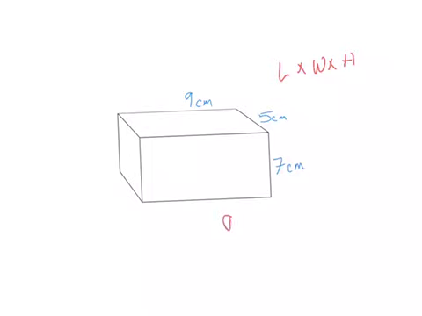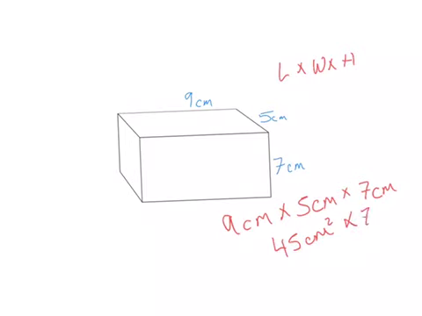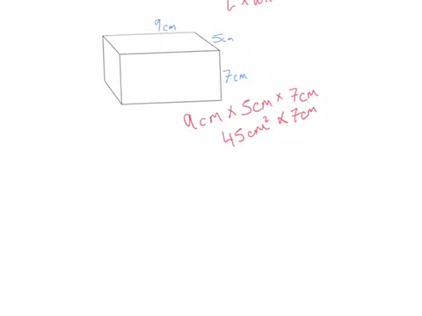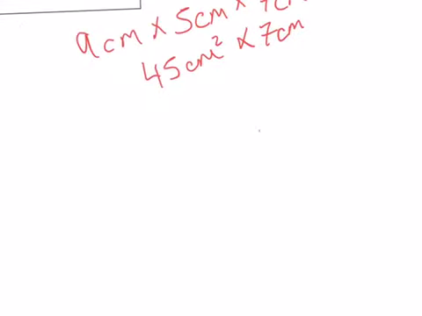Alright, so we've got 9 centimeters times 5 centimeters times 7 centimeters. So 9 times 5 is 45. Centimeters squared times 7 centimeters. And even I have to work this one out.